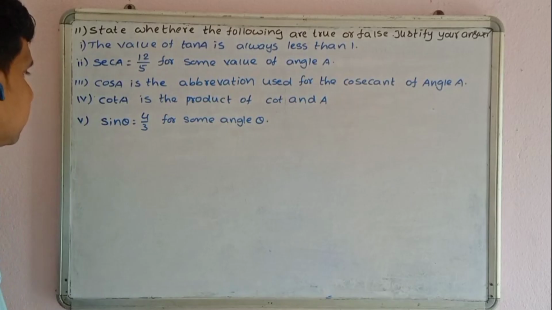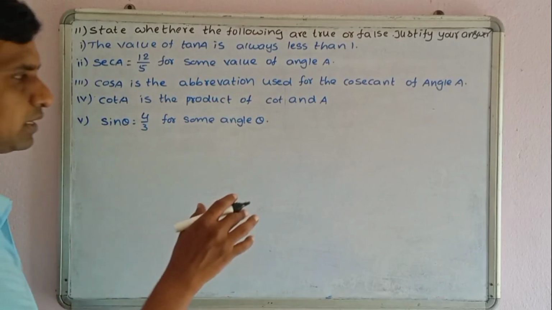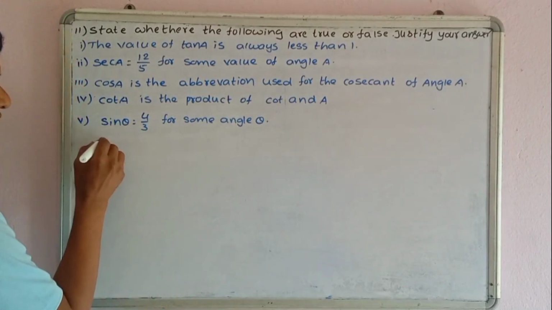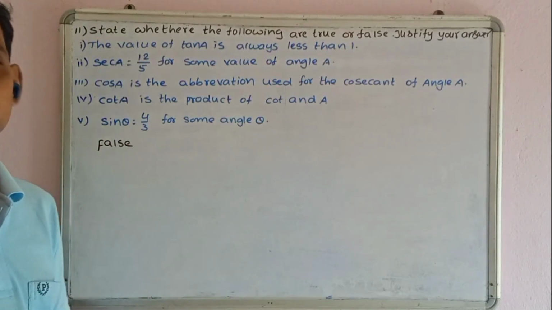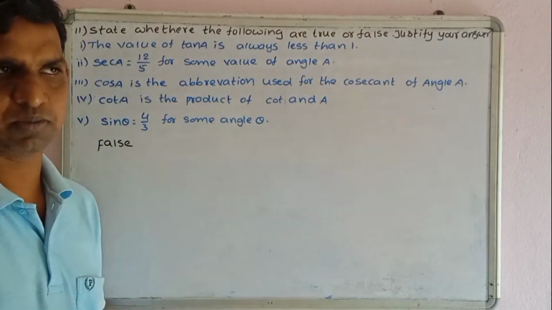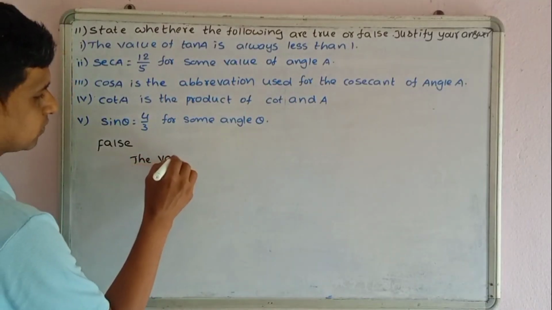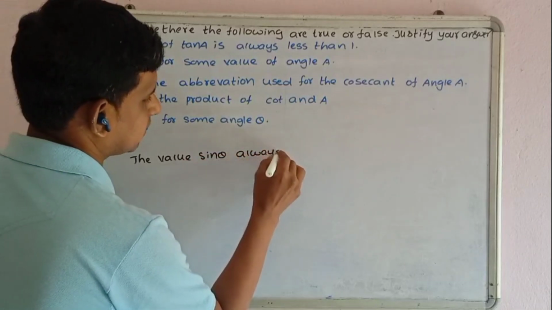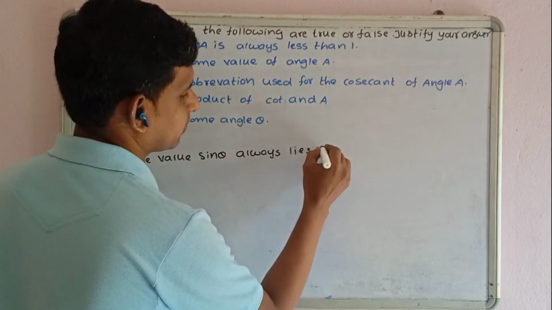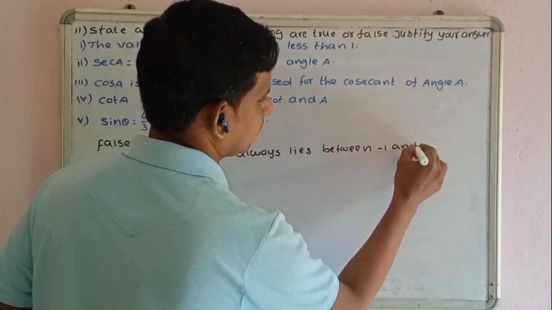And the final one, sin theta equals to 4 by 3 for some angle theta. This is a false statement, because the value of sin theta always lies between -1 and 1 inclusive.